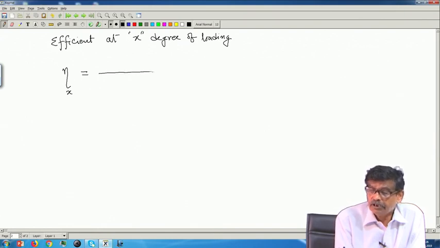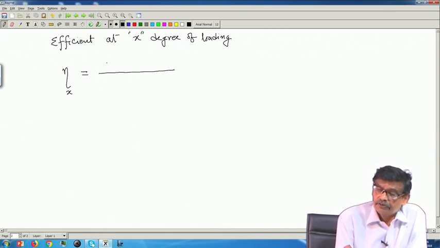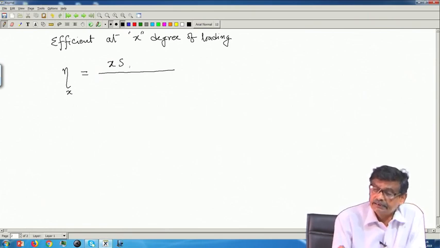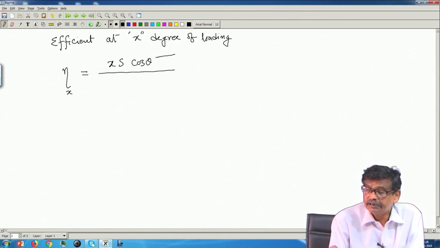What is the output kilowatt? At x degree of loading, the output is x S cos theta. What is this cos theta?